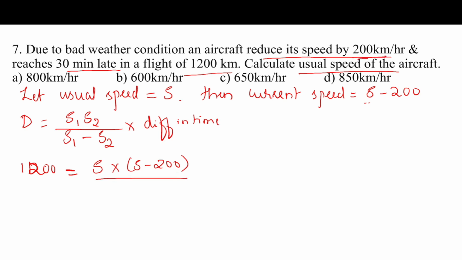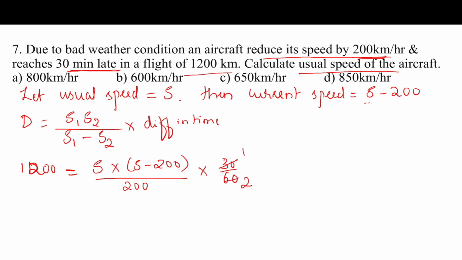It is 200 km per hour, isn't it? So that only is the difference in speed. So it is 200 into difference in time, which is how much? They are saying it is reaching 30 minutes late, isn't it? If it had gone with the usual speed, it would reach at its own time, but it is reaching 30 minutes late. So the difference in time is 30 minutes. So it is 30 divided by 60, because we are converting it into hours.